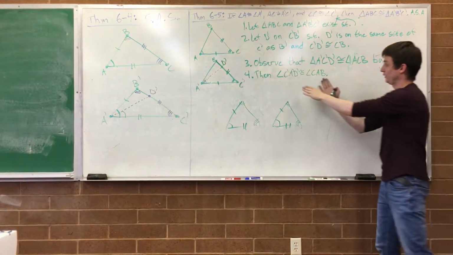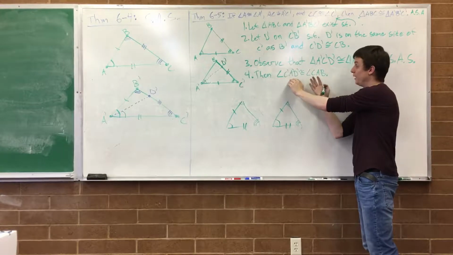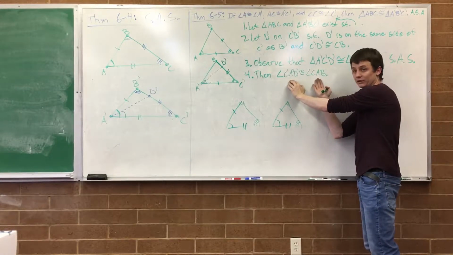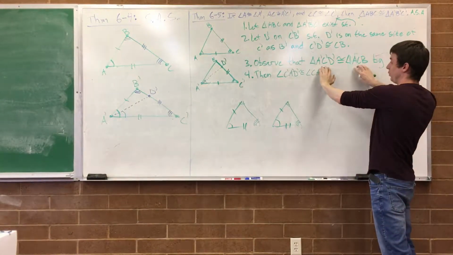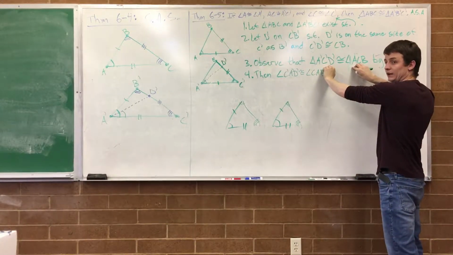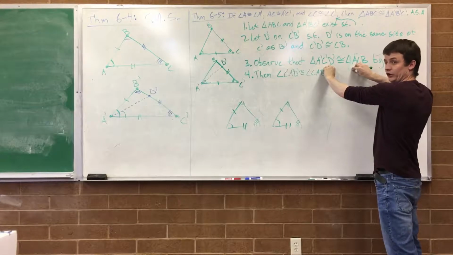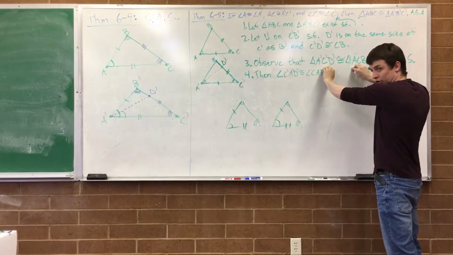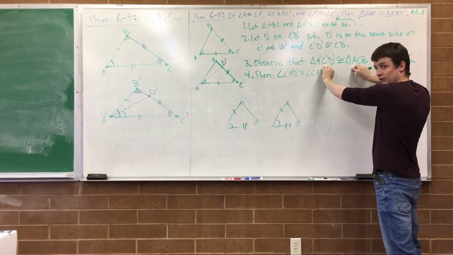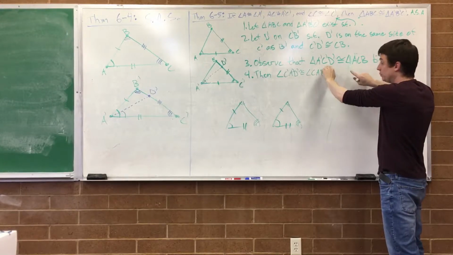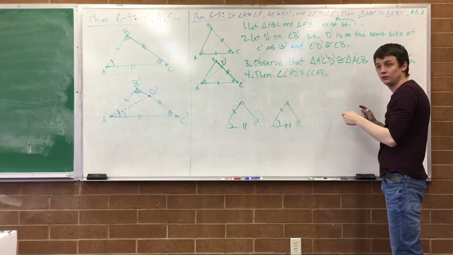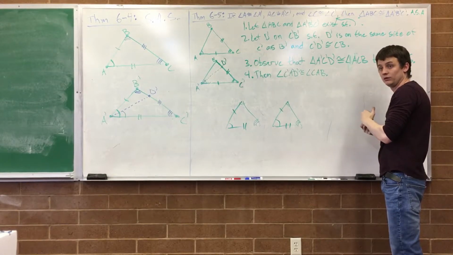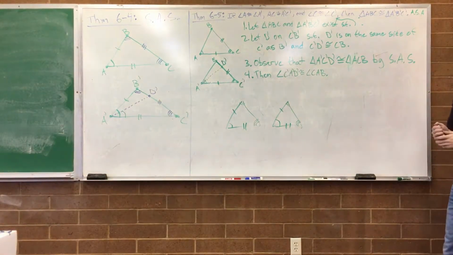And that's what we were discussing when you walked in: the order in which I name these things matters. You should know just by the order of the letters in a congruence which angles are congruent to which angles and which line segments are congruent to which line segments. Just make sure you follow the same order however you pick them. Does that make sense?